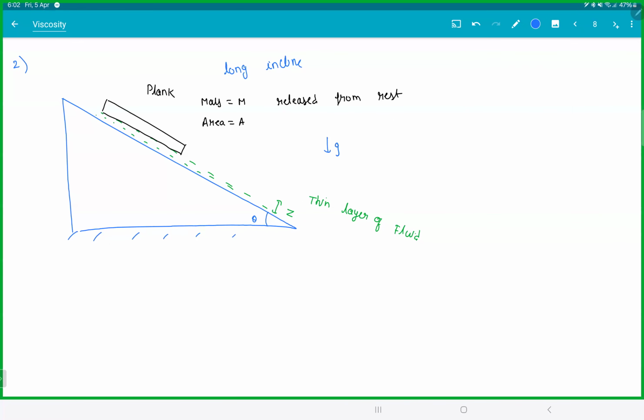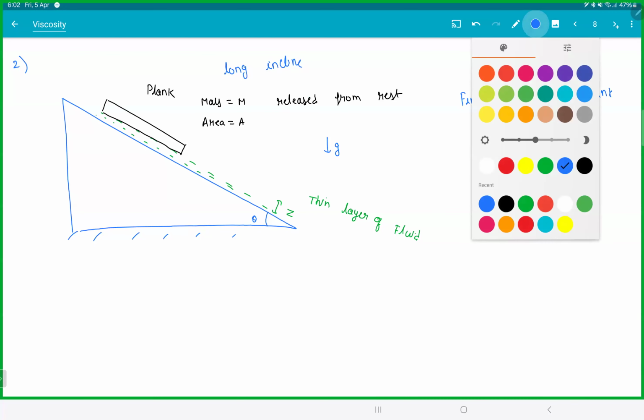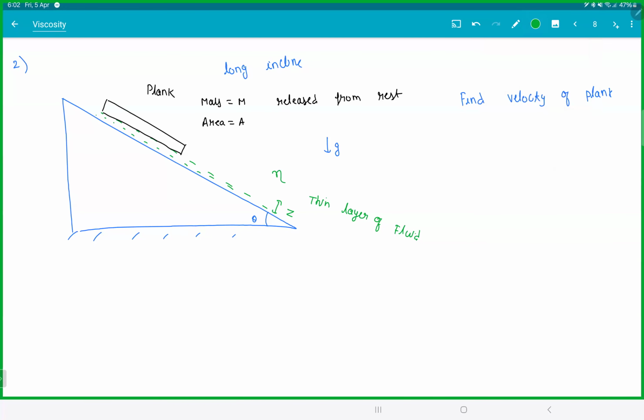Gravity is there. Find the velocity of the plank as a function of time t. Viscosity is eta for the fluid. It's a thin layer Z. Plot the VT graph, velocity-time graph, acceleration-time graph, position-time graph. Let's get them all.